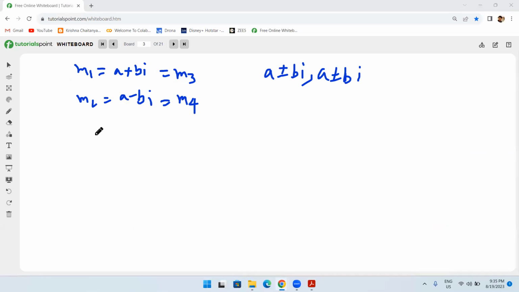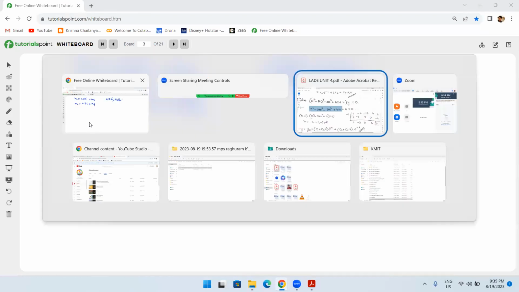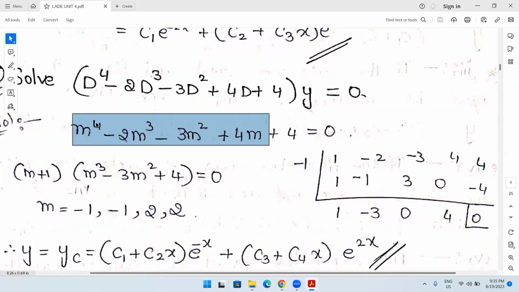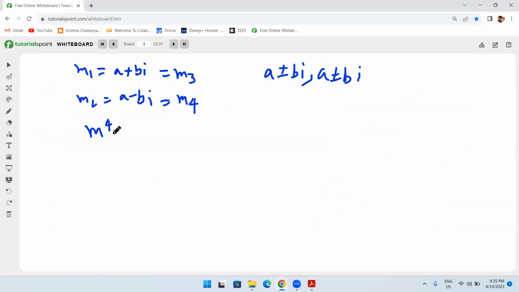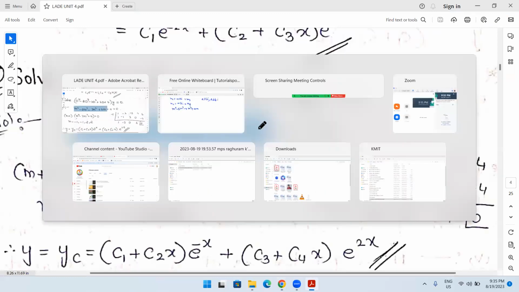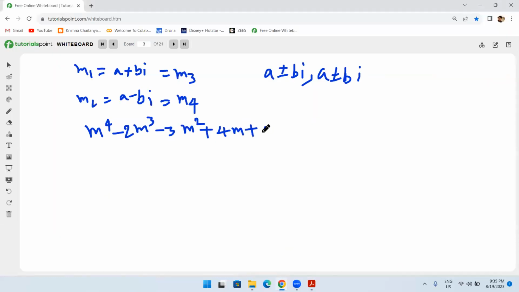The equation is m power 4 minus 2m cube minus 3m square plus 4m plus 4 is equal to 0. First of all, if you substitute 0 here, we get 0, 0, 0, 0, 4. The answer is 4. Okay.